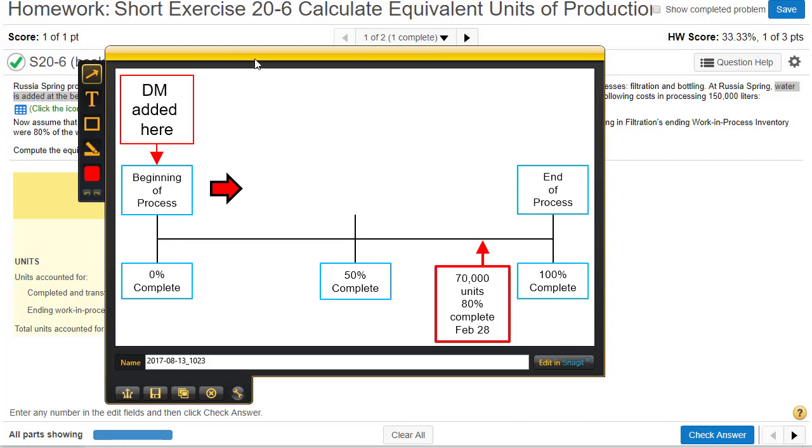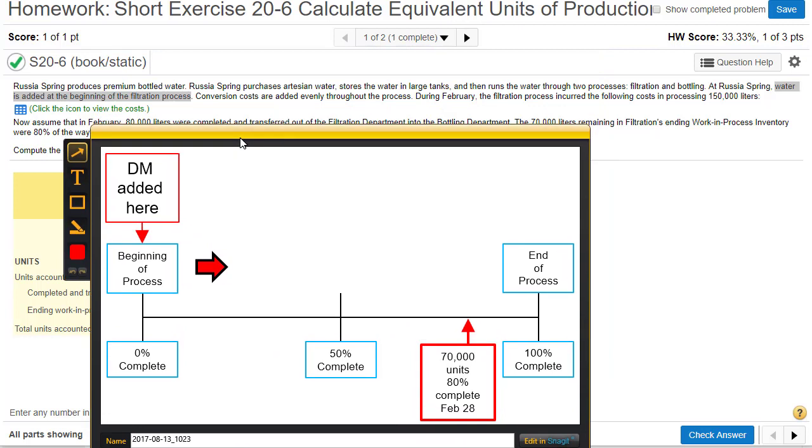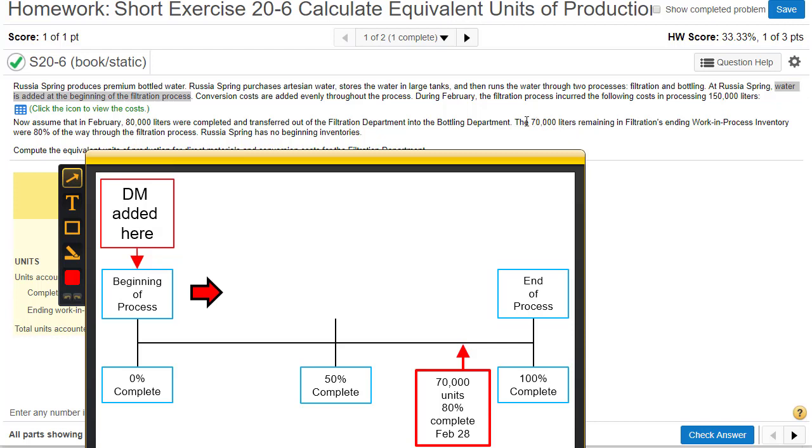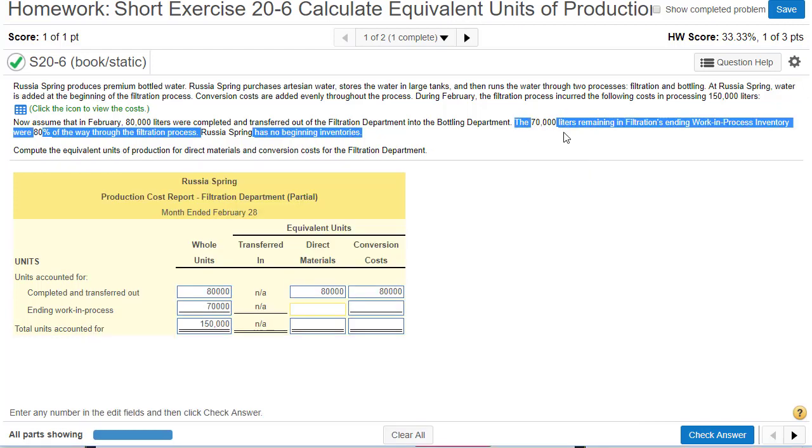Now the question is, when are the direct materials, in this case water, added? Are they added at the beginning? Are they added halfway through or partway through? Or are they added only at the end of the process? Well, according to this information up here, water is added at the beginning of the filtration process. So DM means direct materials. Direct materials are added here. Okay, so we get down to this piece of information. The 70,000 liters remaining are 80% of the way through.